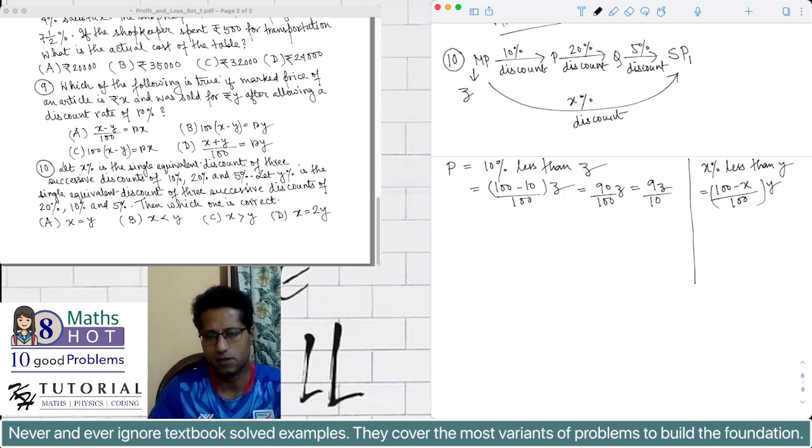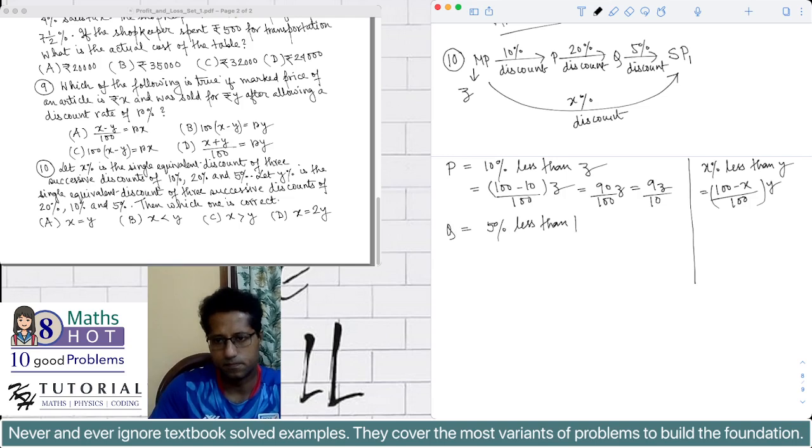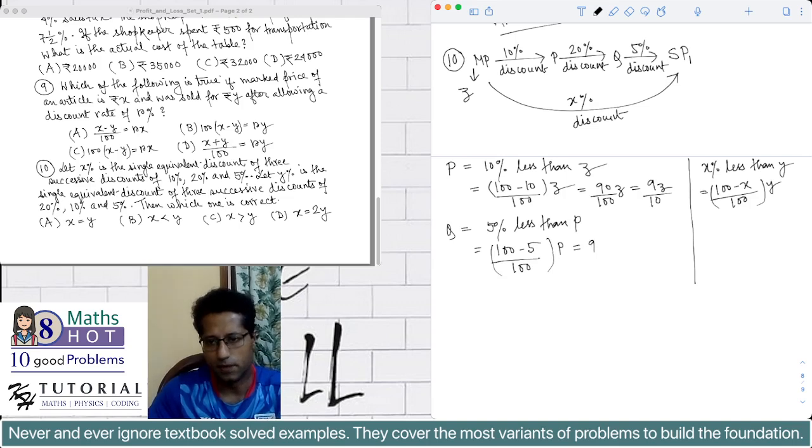Okay, from P there is again a discount of 20%. This 20% discount is based on P. So we can say Q is equal to 5% less than P, which is equal to (100 minus 5) divided by 100 multiplied by P, which is equal to 95 divided by 100 multiplied by P, which is 9Z by 10.